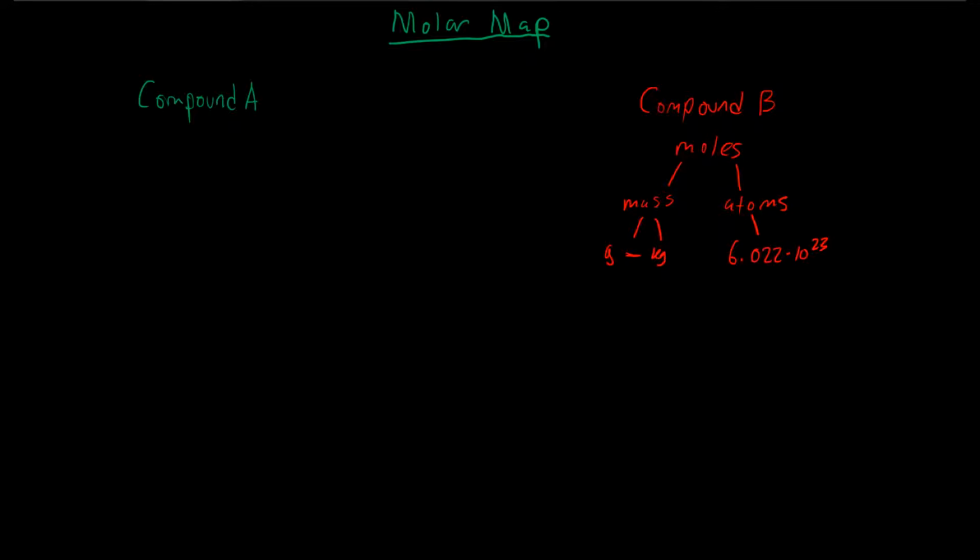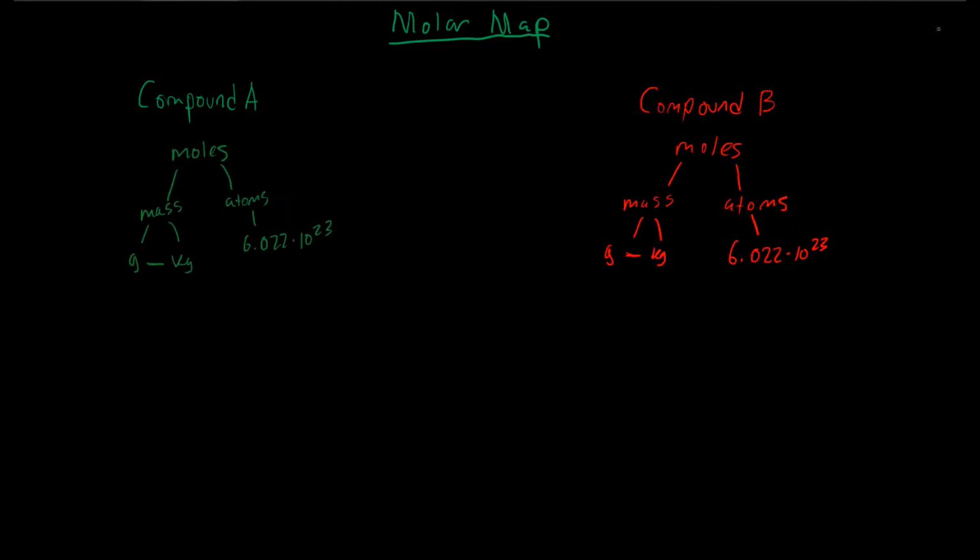And it's the same thing for compound A. So you have moles, and then you have mass, and then you have atoms. Atoms again are 6.022 times 10 to the 23rd, and mass is in grams or kilograms, and you can convert between them.